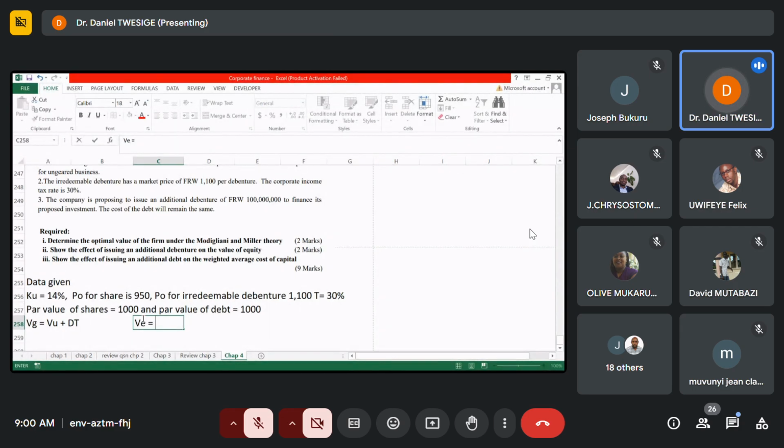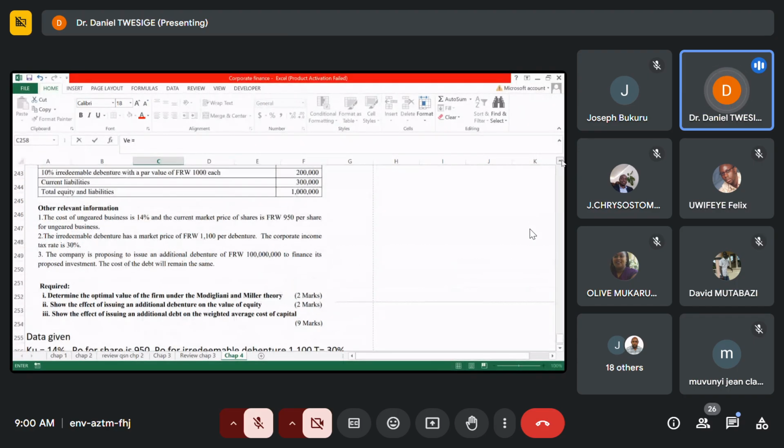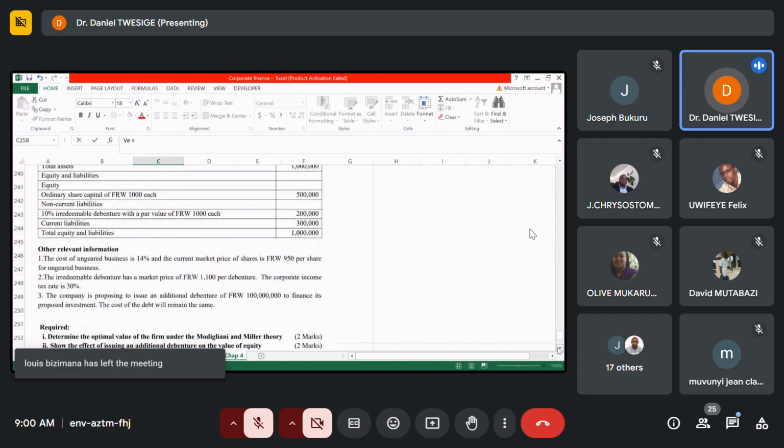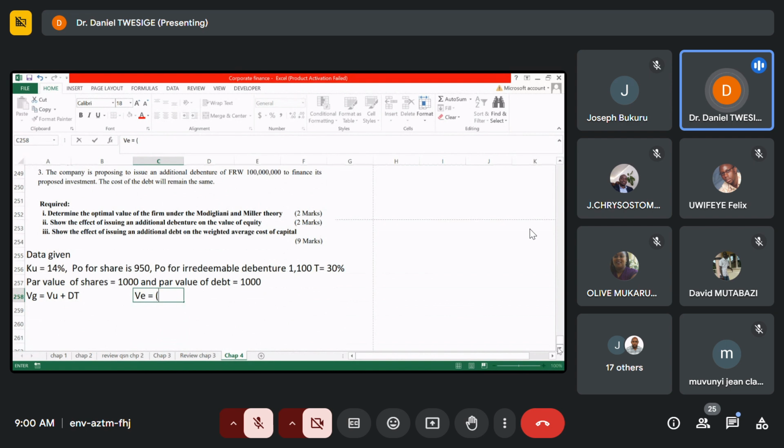How many shares does the company have? If I go back to my statement, it has a share capital of 500 and the par value is 1,000. We have already summarized that. So it means it's going to be 500 divided by 1,000 times 950.